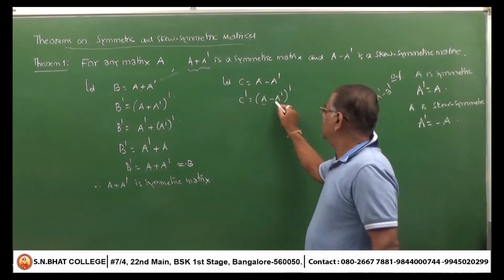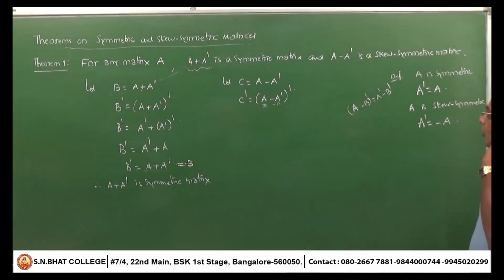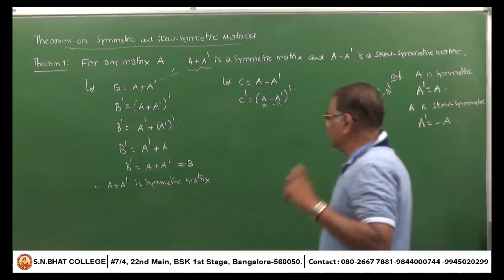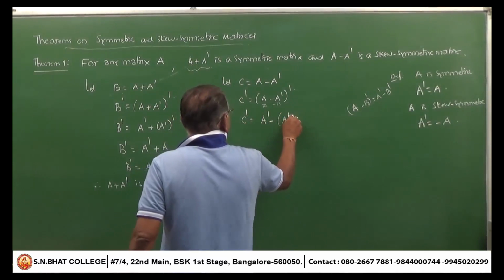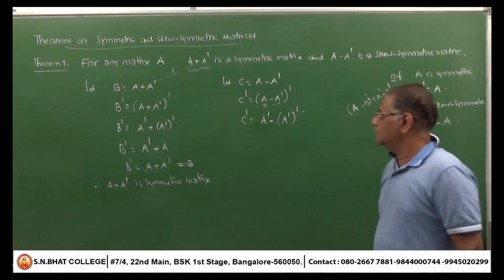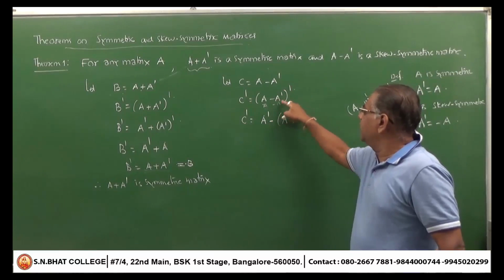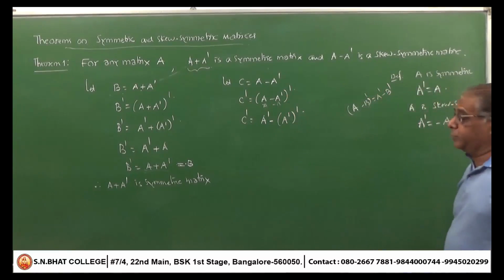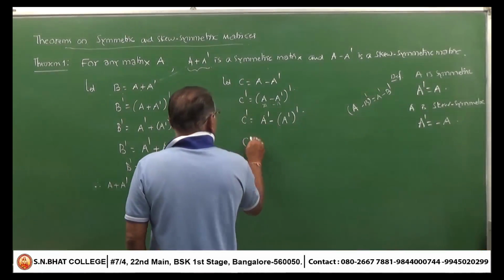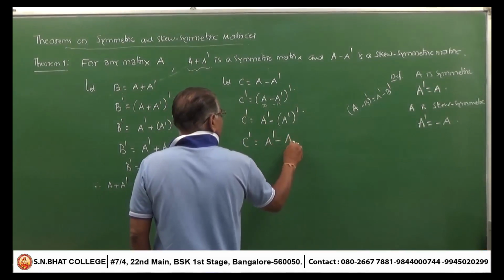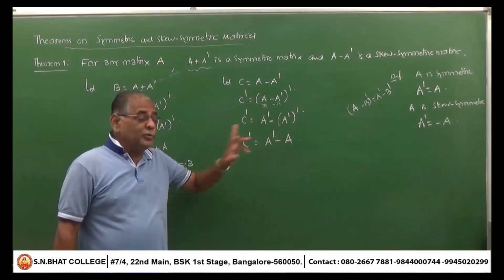This is A, this is B. Therefore, C transpose is A transpose minus A transpose whole transpose. But A transpose whole transpose is nothing but A. So C transpose is A transpose minus A.